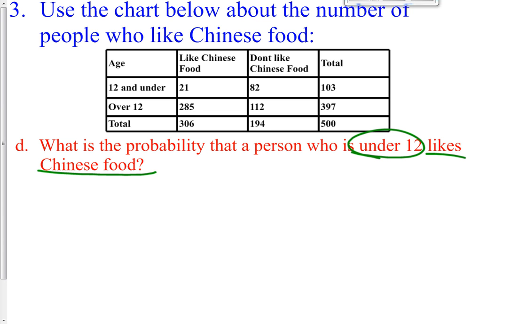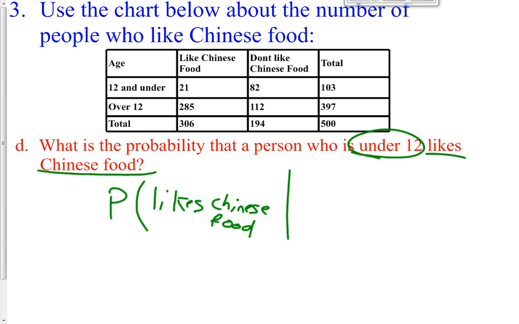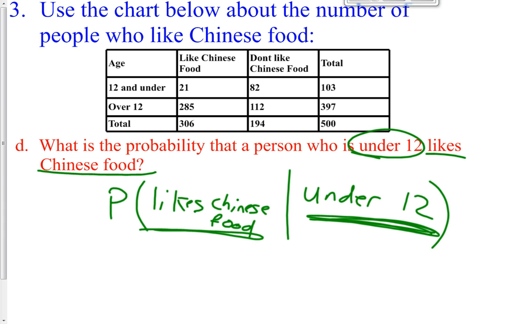So hopefully you wrote it this way. What is the probability that a person likes Chinese food, given that they are under 12? You want to find the people who like Chinese food, but only out of the group that are 12 and under. So you're choosing this probability out of this group of people.